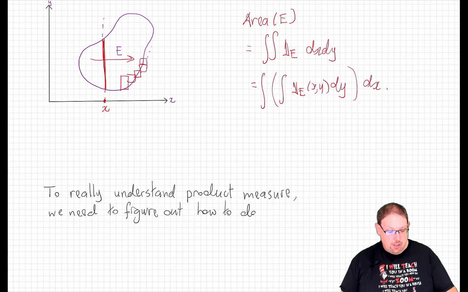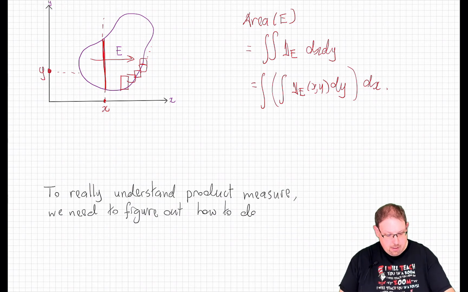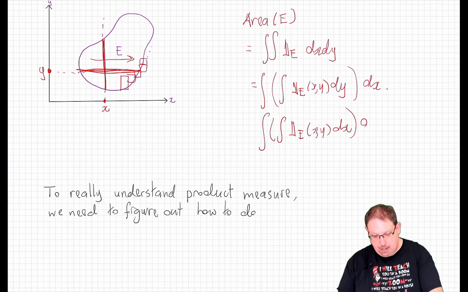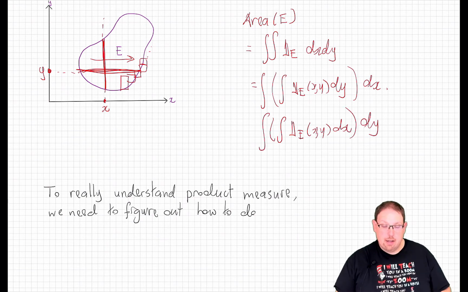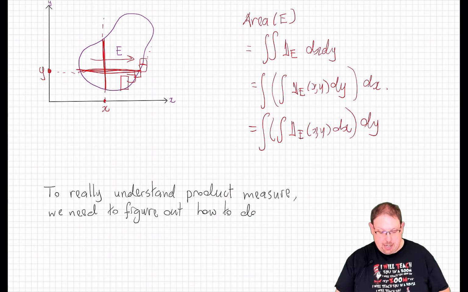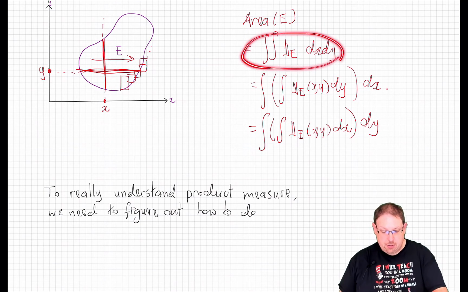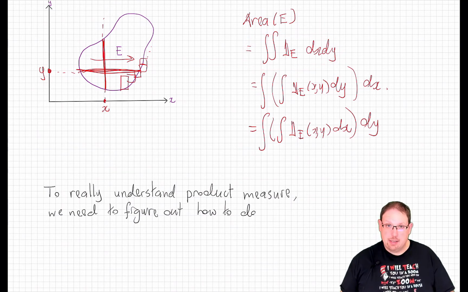I could alternatively have decided to freeze a value of y and integrate that way first. So then I would be integrating the indicator of E, x, y, dx, and then integrating that with respect to dy. And of course, I know that I'm supposed to get the same value for each of those iterated integrals. And that's more or less how this double integral is defined in calculus.